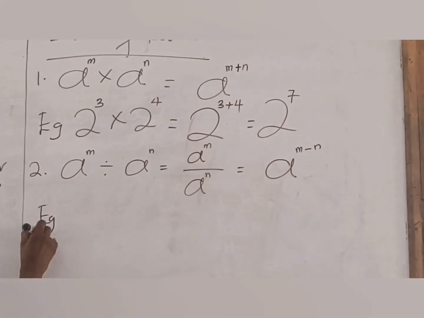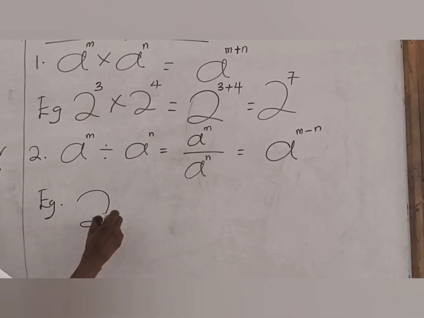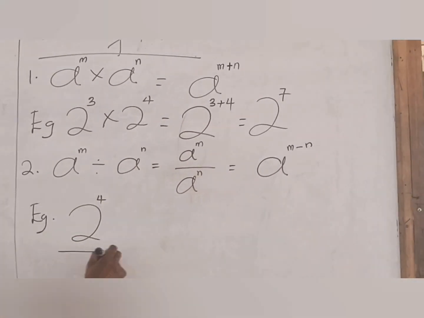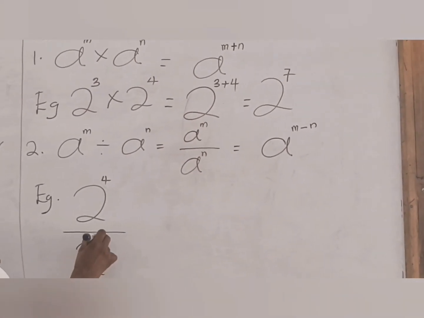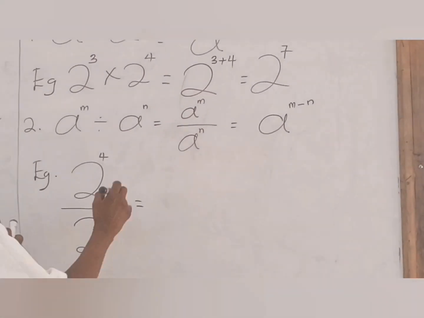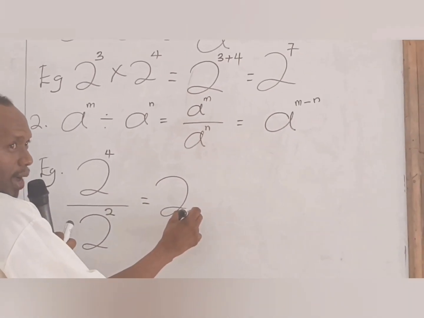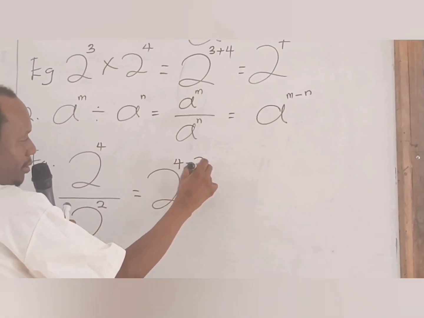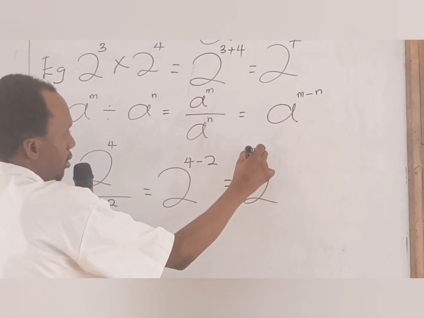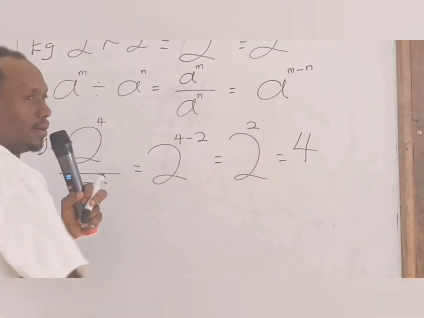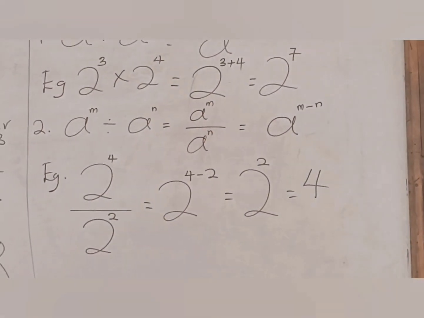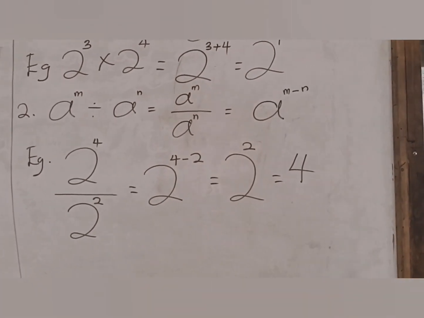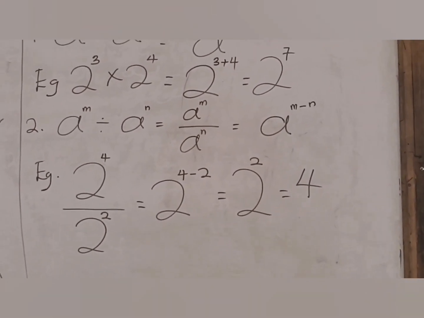Example: 2 to the power 4 over 2 to the power 2. So 2 to the power 4 minus 2, which is 2 to the power 2, equal to 4. Any question?